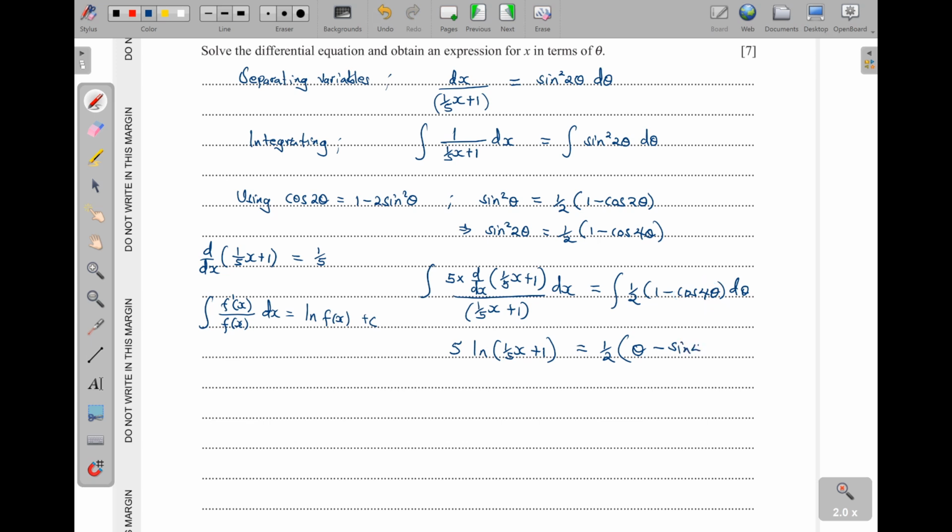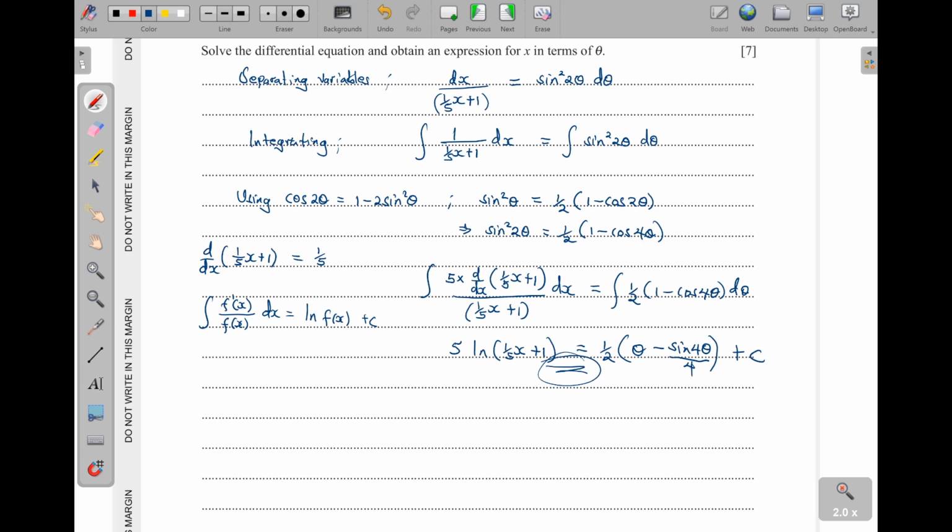So sine of 4 theta, but then this is 4 theta. So you differentiate this one, it will give you 4. Then for integration, we divide. For differentiation, we multiply. So this one will be over 4. Then I can put c. This constant of integration, you can put it on both sides. So plus a constant here, but then don't say plus c plus c, that means it is going to cancel.